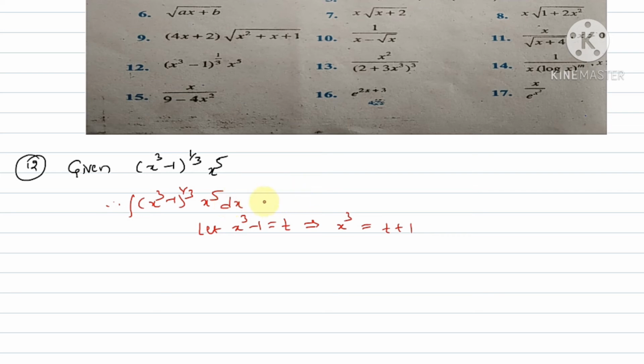Without loss, the integral of (x cube minus 1) all power 1 by 3, and this x power 5 I can split into two parts, x cube into x square dx. Now differentiating, 3x square dx is equal to dt, so I need only x square dx, which is dt by 3.